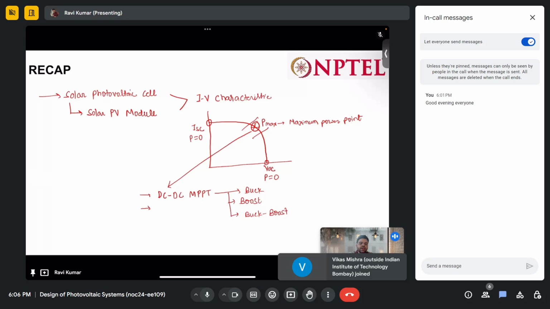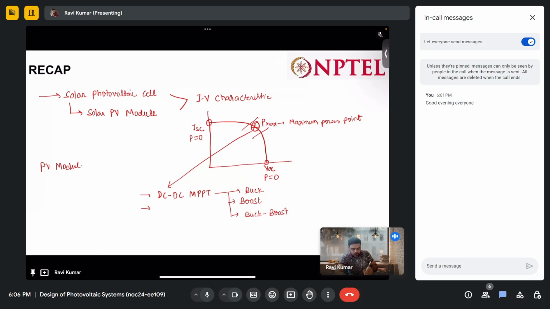Here what we are seeing is that from the PV side, like the PV module, we know how to get the maximum power. But other than this PV, we have batteries connected to these PV modules.